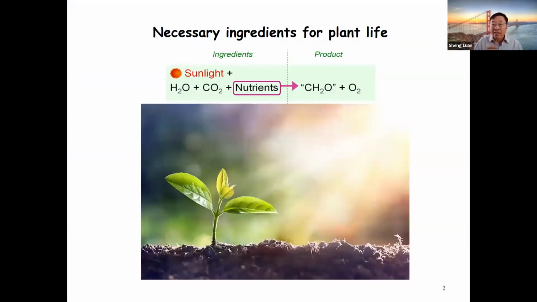Plants need at least four things to grow, right? While CO2 and sunlight usually are plentiful, water and minerals are very often limiting factors in nature, right? That's also why you need a lot of fertilizers and irrigation for modern agriculture.